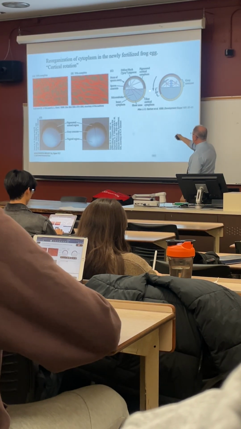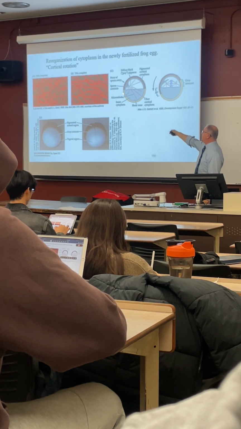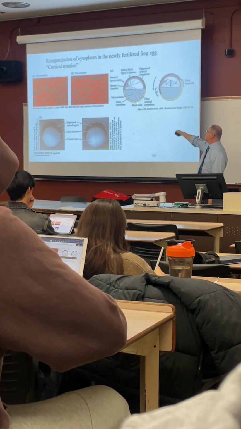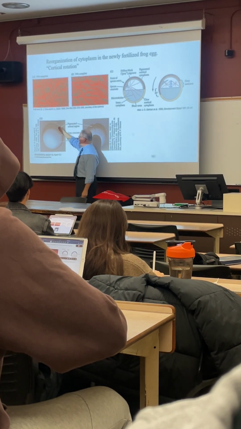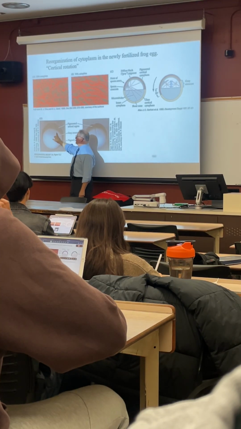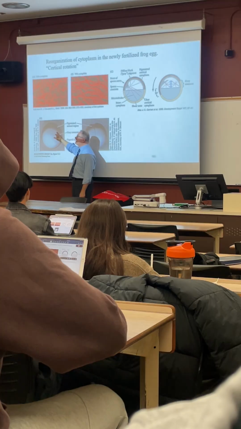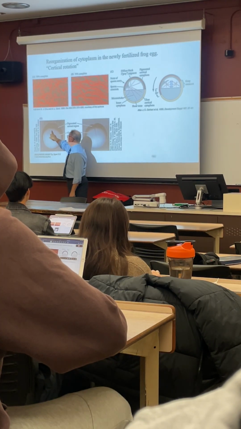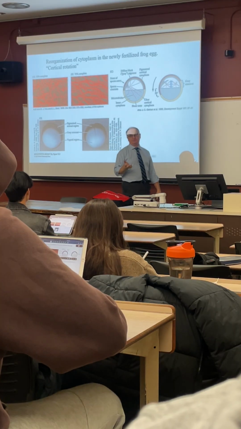Normally there are pigmented cells on the animal half, unpigmented yolk cells on the vegetal half. After cortical rotation, you still have pigmented cells on one side and yolk cells on the other side, but because of the swirling you've mixed pigment, and now you have this thing called a gray crescent. That just shows you that you've had movement.